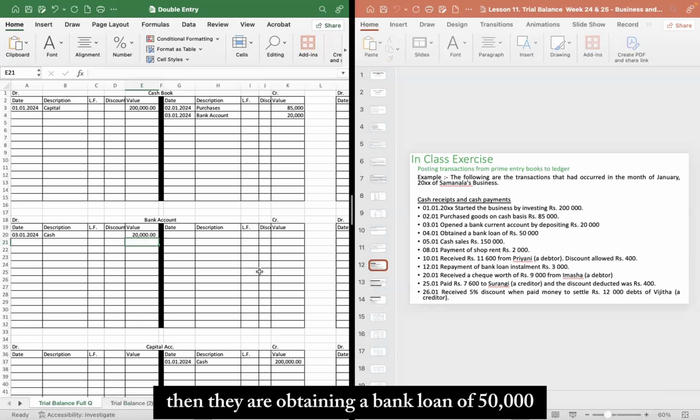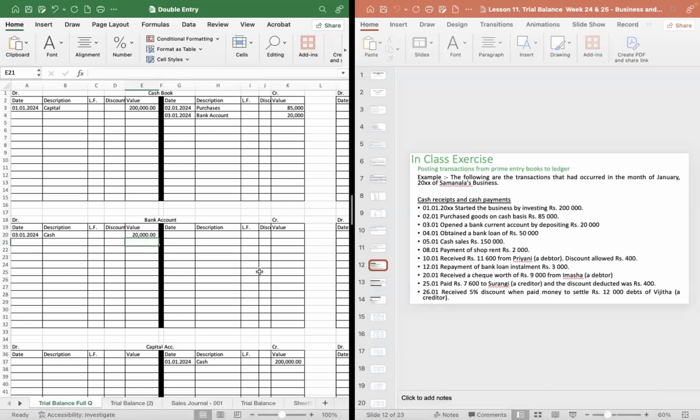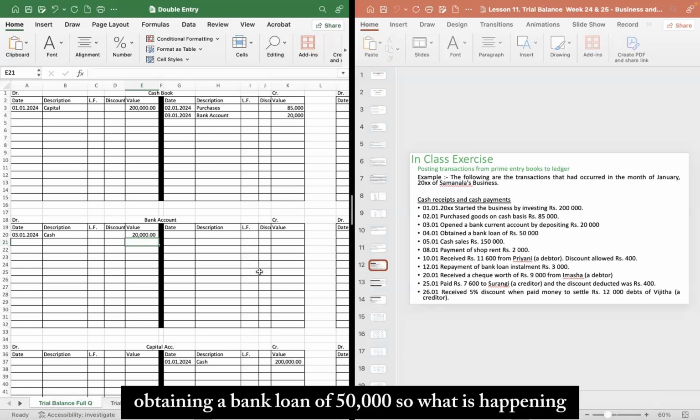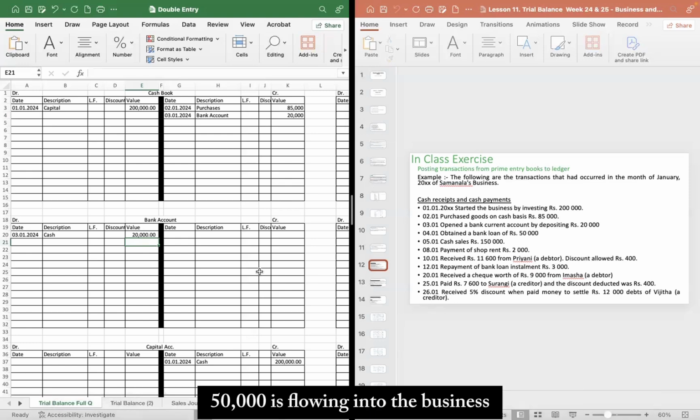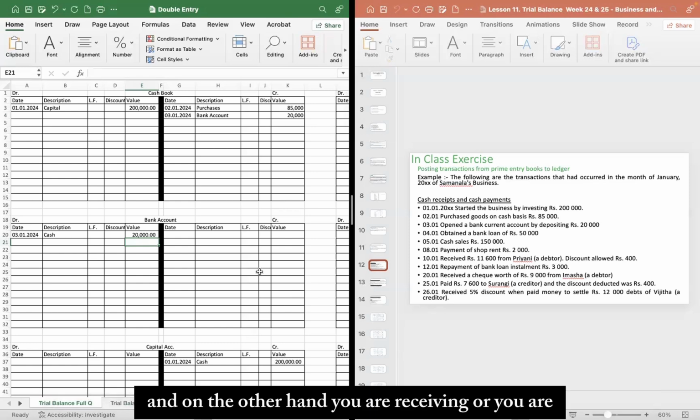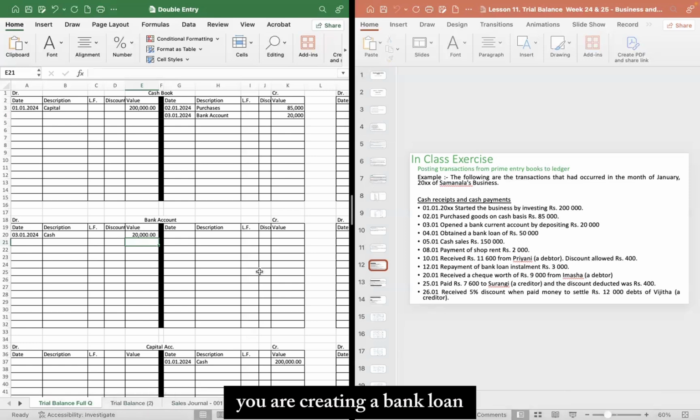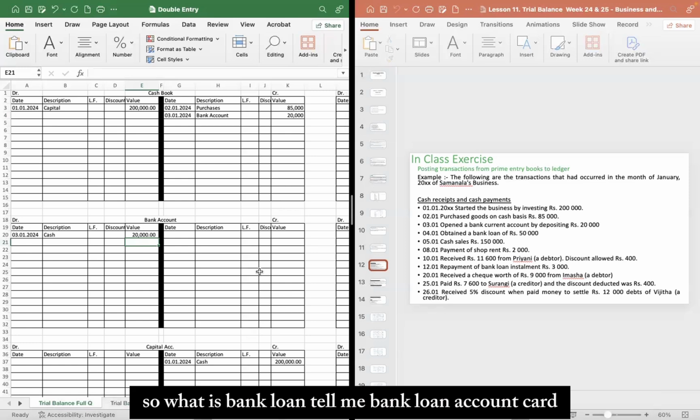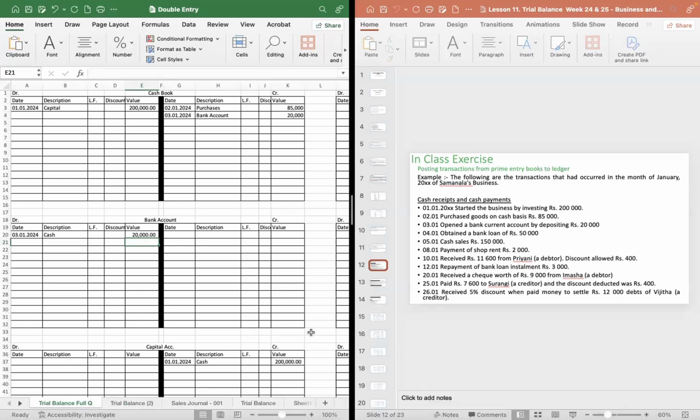Then they are obtaining a bank loan of 50,000. So what is happening? 50,000 is flowing into the business, and on the other hand, you are creating a bank loan. So what is bank loan?